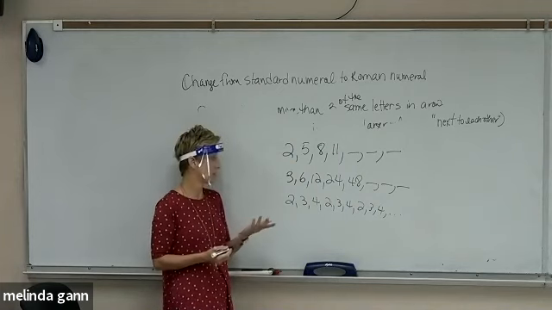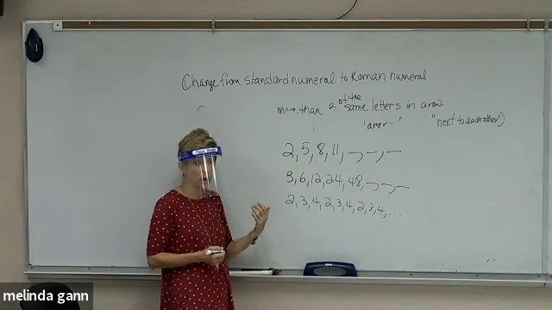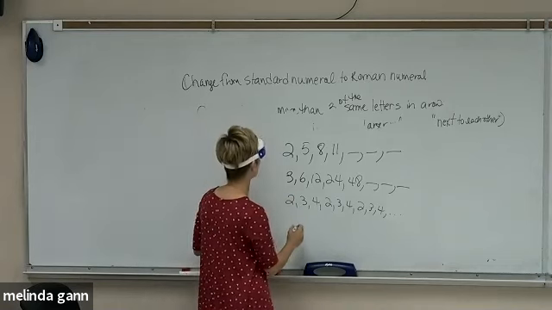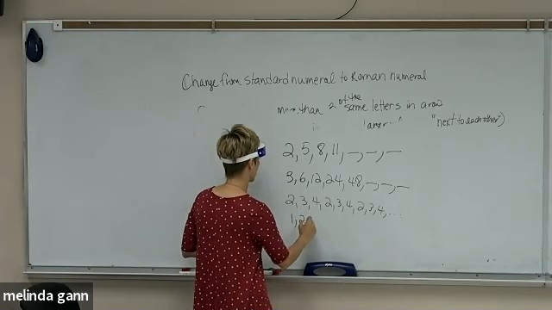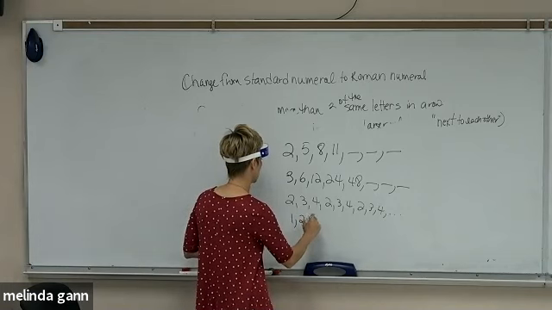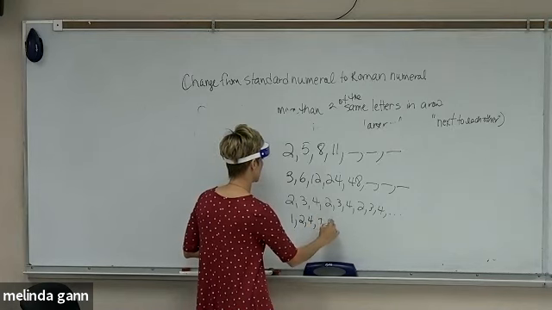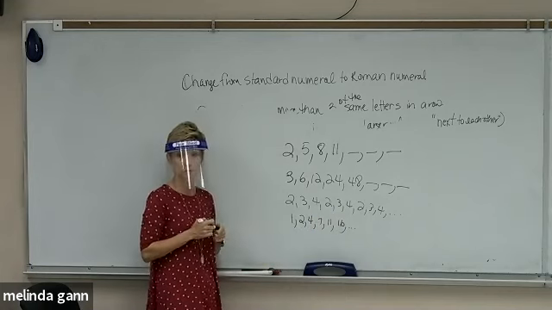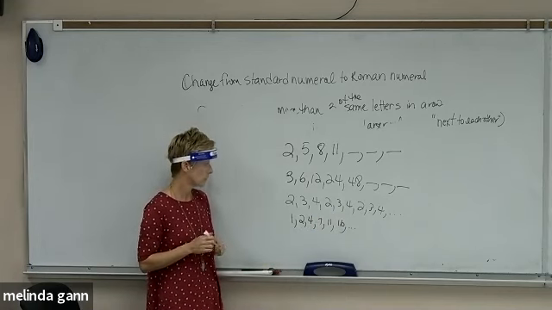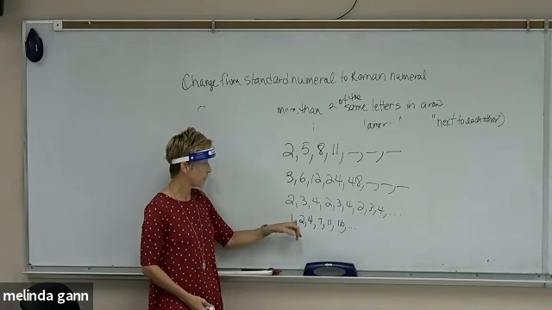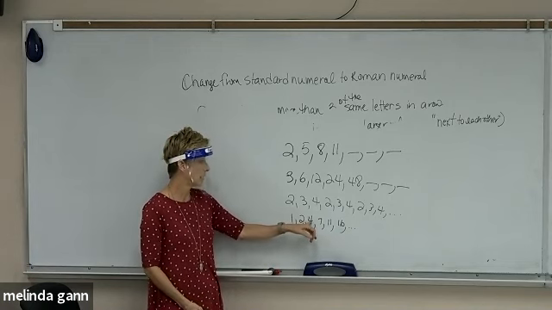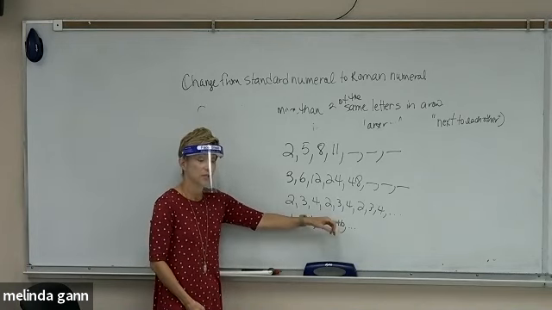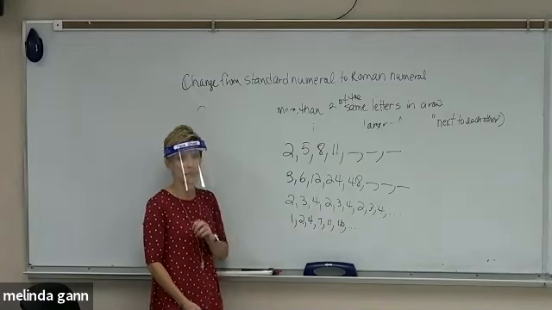Just repeating. 2, 3, 4, what? 2, 3, 4, what? 2, 3, 4. So how'd they get from here to here? Adding 1, what about here? You with me? So on the worksheet, some are going to be super simple and some are not.